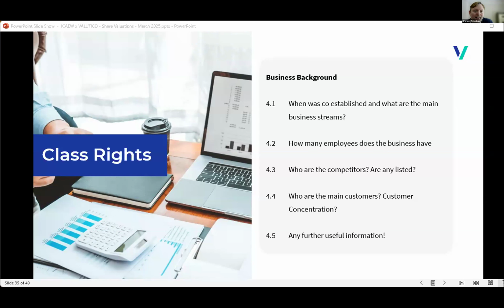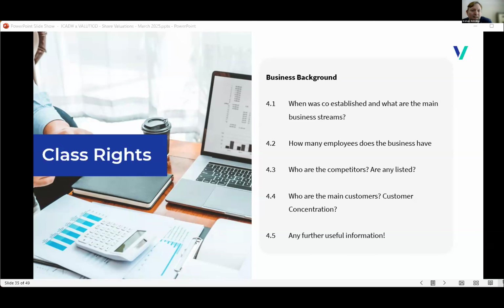We'll look at the employee base, so the size of the workforce can indicate the scale of the operations. A larger workforce might suggest operational complexity, whilst a small team might indicate dependence on 1 or 2 key individuals. Competitive landscape, so who are the company's main competitors and are any of them publicly listed?